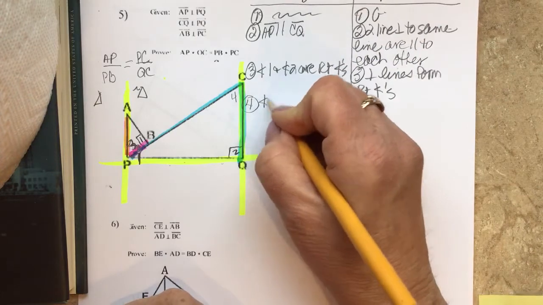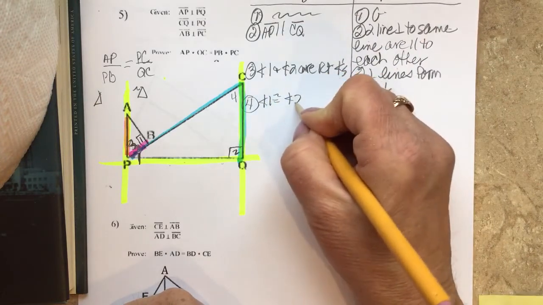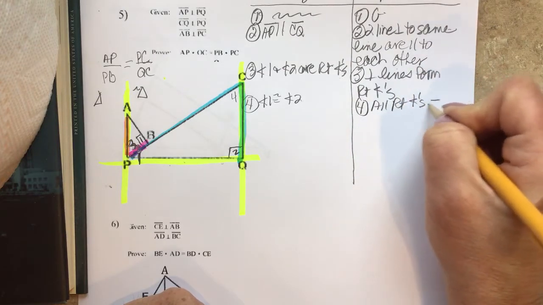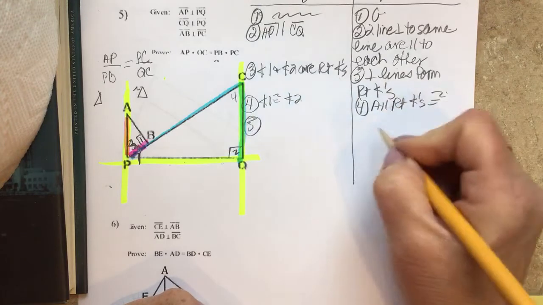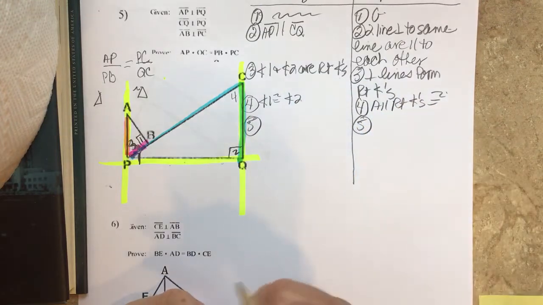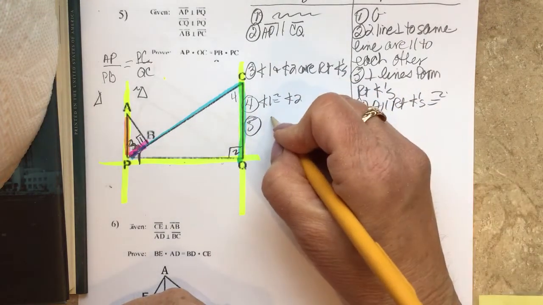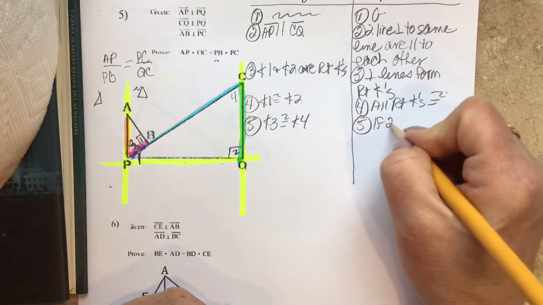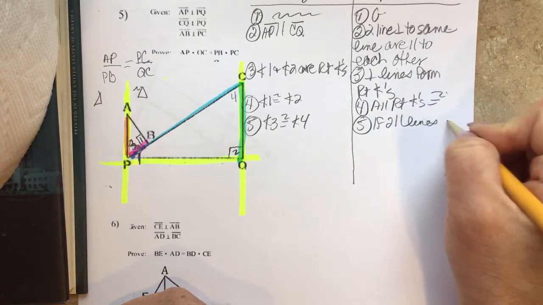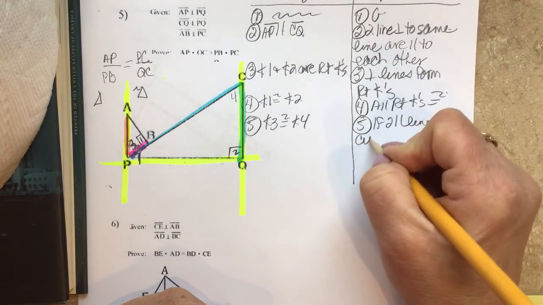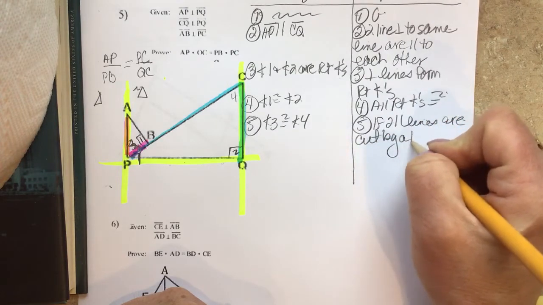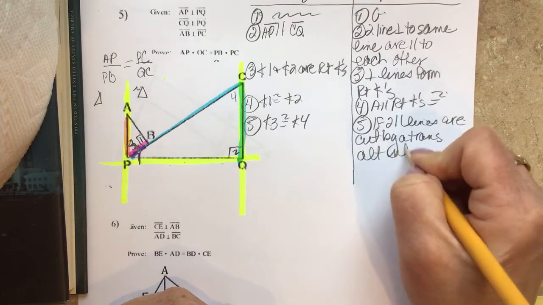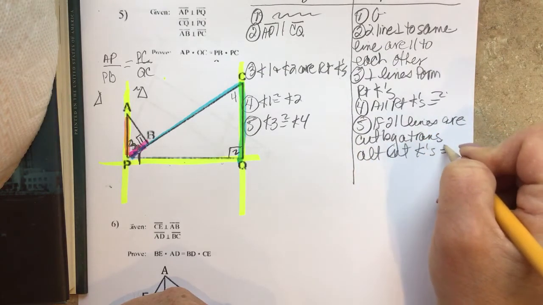And angle 1 is congruent to angle 2, because all right angles are congruent. Angle 3 is congruent to angle 4. If 2 parallel lines are cut by a transversal, alternate interior angles are congruent.